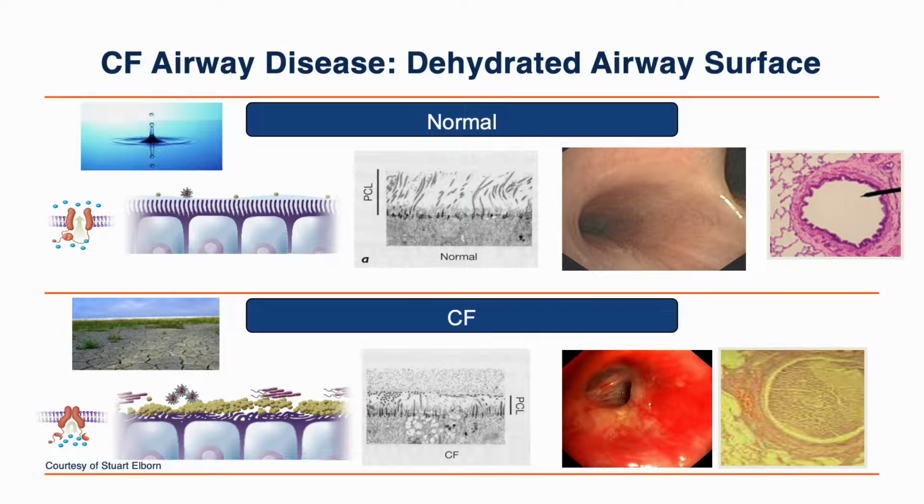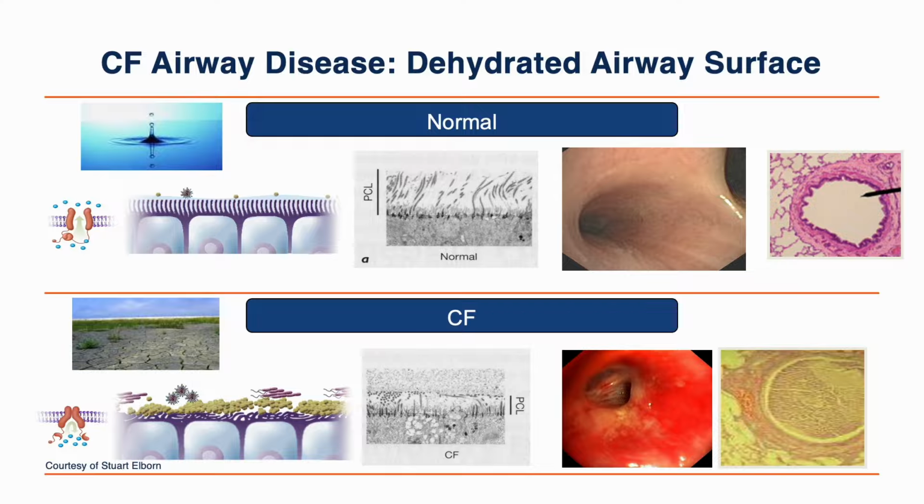The airway becomes very much like a desert. So instead of those finger-like projections being able to beat and move in a liquid layer, they basically get stuck in mucus, and that allows for an environment where bacteria and viruses and other things that we obtain from the environment can get stuck and cause infection.